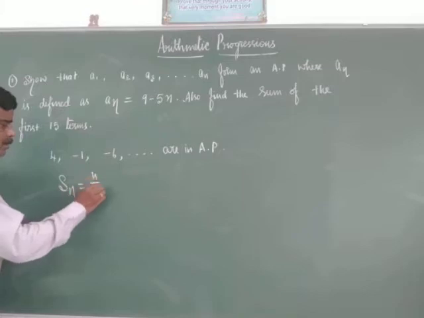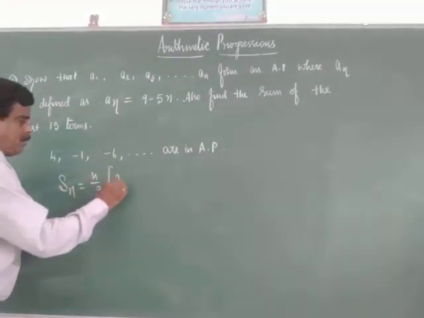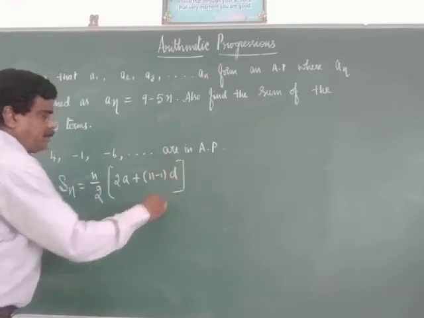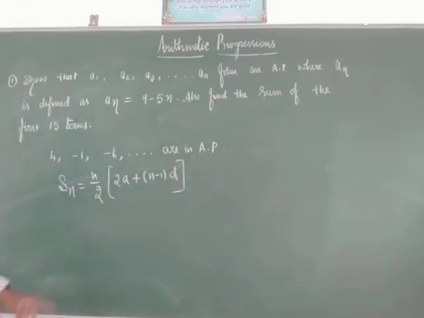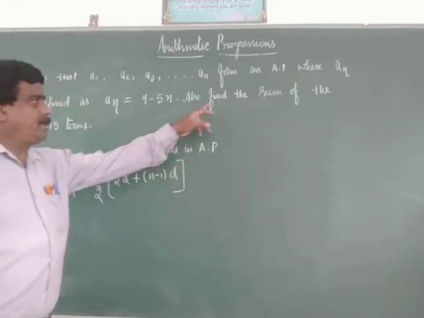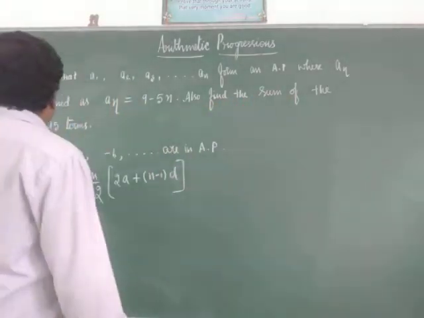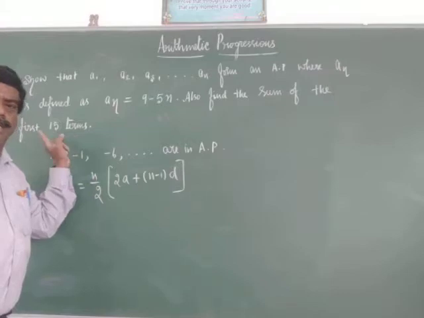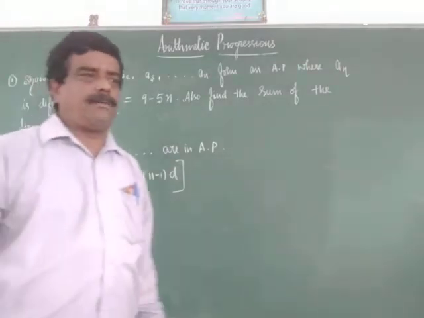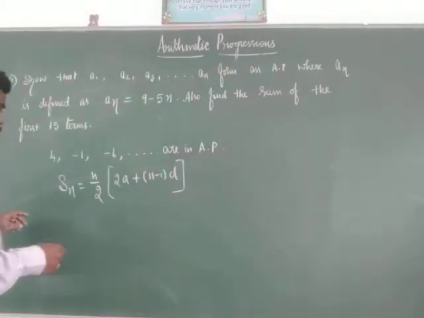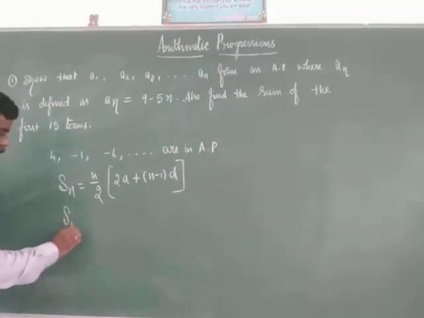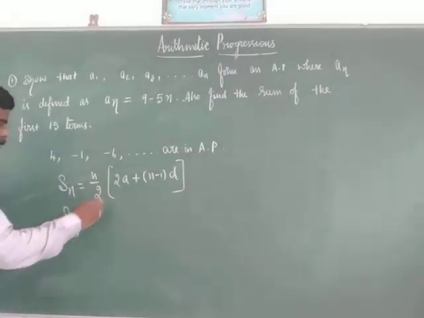Sn is equal to n by 2 into 2a plus n minus 1 into d. This is Sn formula. The question asked here, find the sum of the first 15 terms. So this 15 stands for n. The number of terms is 15. So in the place of n, we will substitute 15. That is S15 will be equal to n by 2.